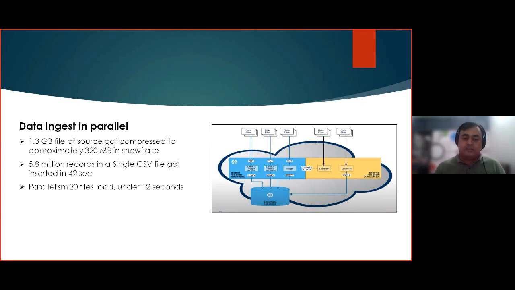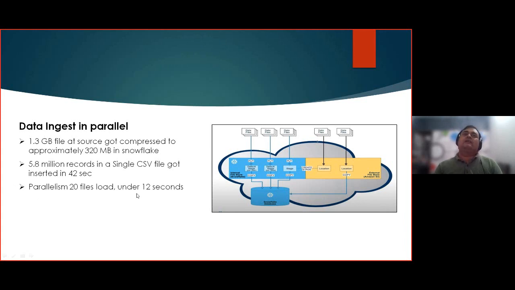So it is around 320 MB in Snowflake. But again, if we need to use parallelism, we can split it. The recommendation from Snowflake is to use file sizes of 10 to 100 MB. Instead of a single file of 1.3 GB, we can split that file into 20 different files. And if we trigger the load, it will get loaded in less than 12 seconds.